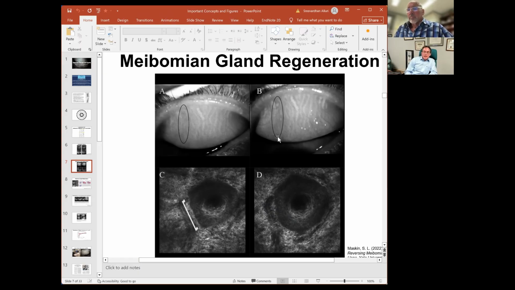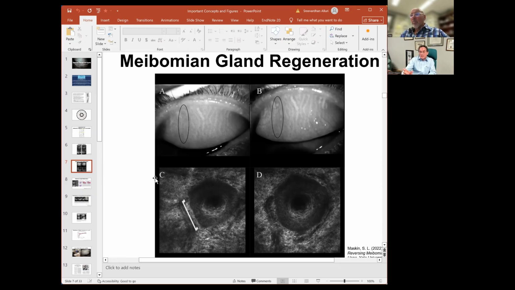Now, what's happening at a cellular level is shown in C and D. But we should take a step back because, since we're talking diagnostics, A and B is a meibography. It's an infrared meibography. We do video meibography here because you're able to identify any artifact that you might have if you just simply held the lid in a single position and took a snapshot.